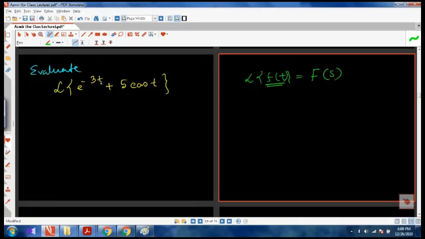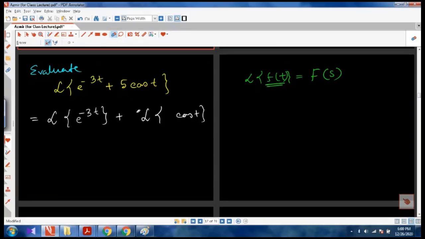It is looking a big function. But since we know the linearity property, linearity property suggests us to separate this one. Since 5 is constant, so let's write 5 before the Laplace transformation symbol.